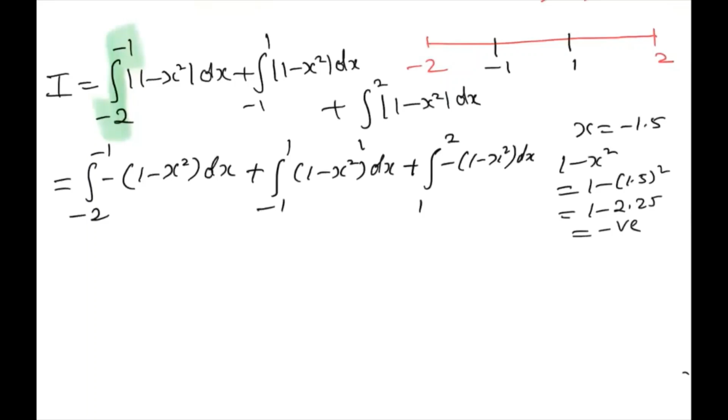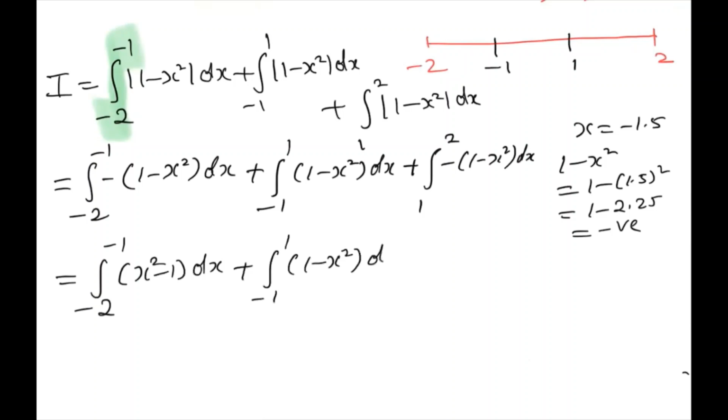Taking minus sign inside, you get it as minus 2 to minus 1 x square minus 1 dx. This as it is, minus 1 to 1, 1 minus x square dx. Here 1 to 2 x square minus 1 dx.